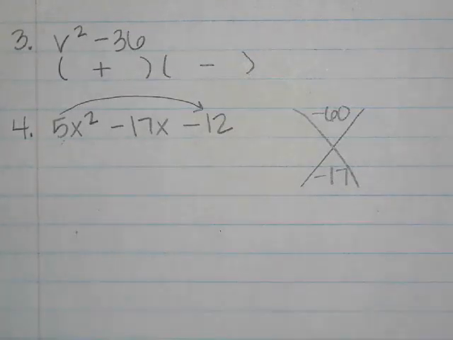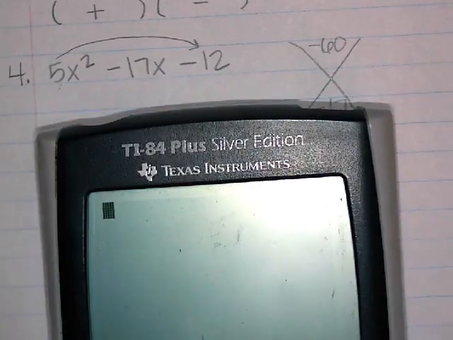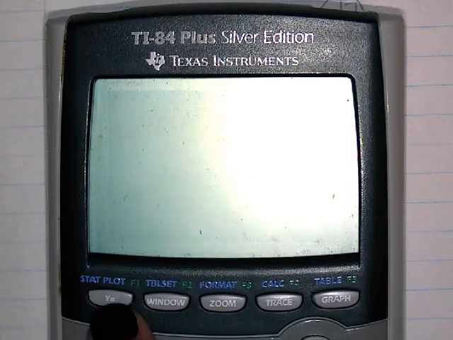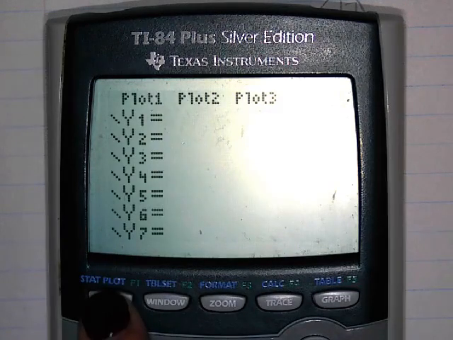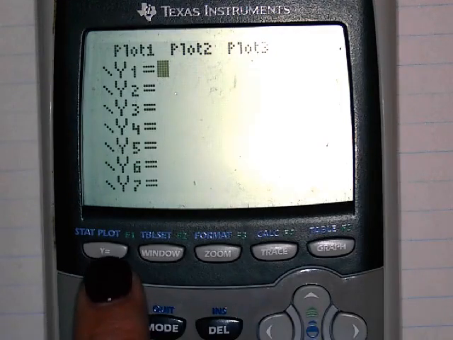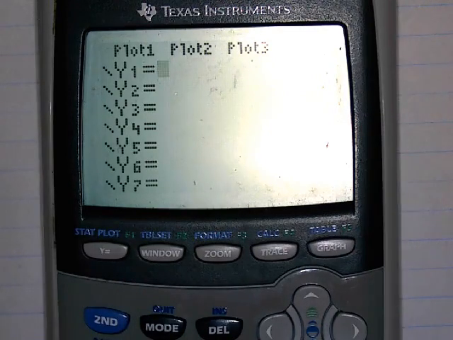If multiplication is not your strong suit, then to figure out the two numbers, you can grab your graphing calculator and hit the y equals button. It's right up here. You can type negative 60 divided by x.